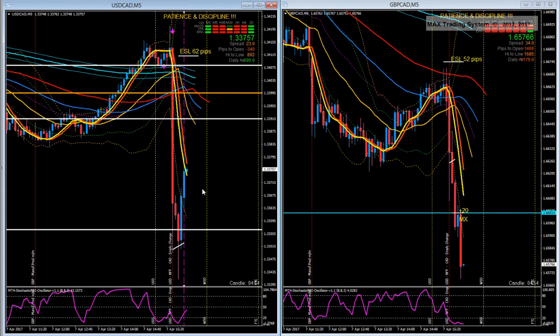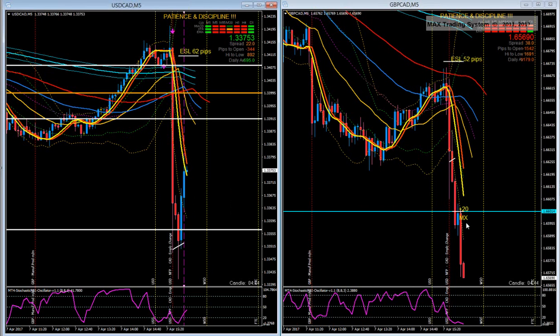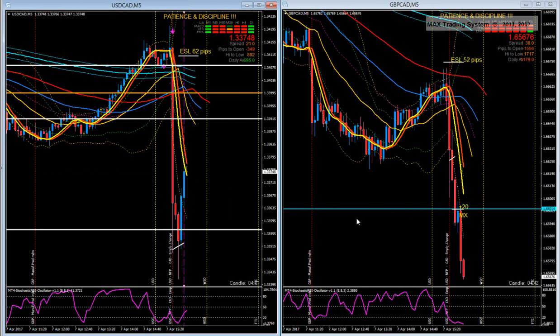It's easy to recognize here, but it is just a coincidence when the price reaches the extreme of the dark orange level here. And the price continued to resume the down movement in the pound CAD.